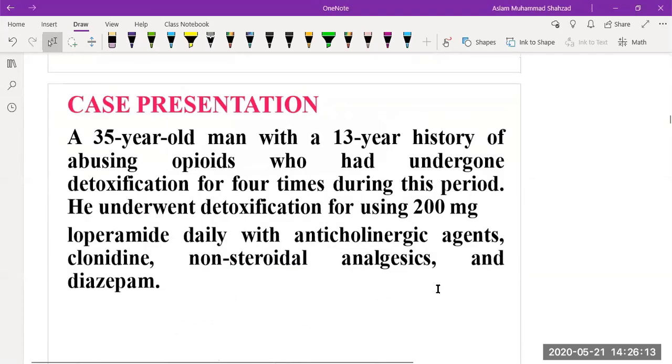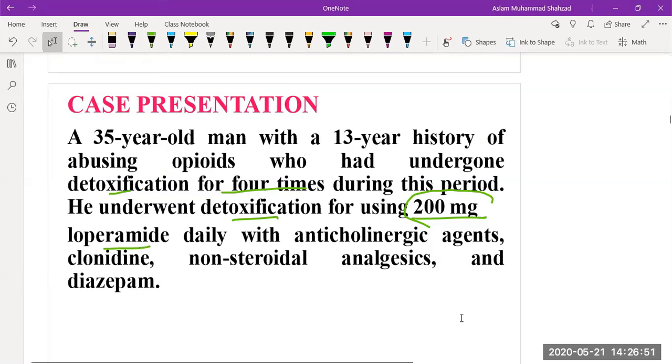Let's discuss the case presentation of a 35-year-old man with a 13-year history of abusing opioids, who had undergone detoxification 4 times during this period. He underwent detoxification using 200 milligrams of loperamide, which is quite a big amount, as the recommended maximum dose for loperamide is 16 milligrams.